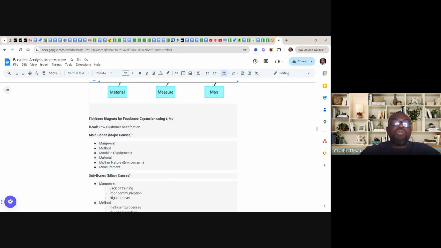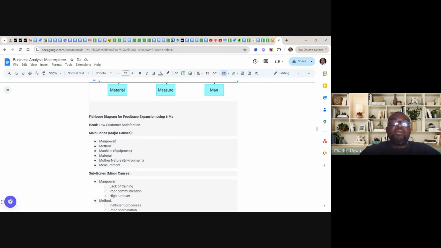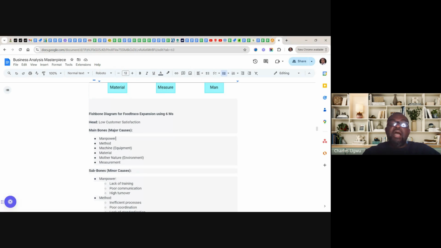So we're going to use this data that I captured from the project we're planning to start, a team we're starting, which is the FoodTrack expansion.